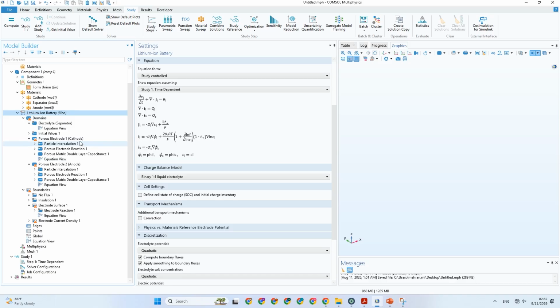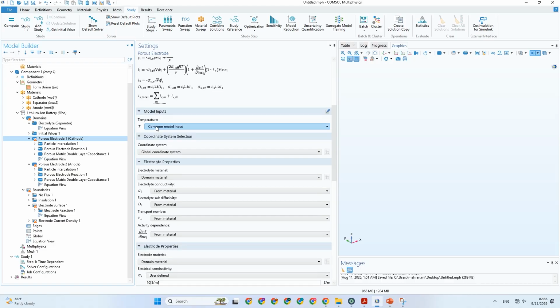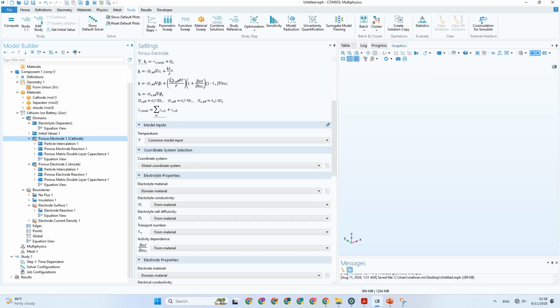It is correct that we see L here in the porous electrode, but we have a cathode that is solid and it will be available. But here for the electrode material, it will be calculated by iL.